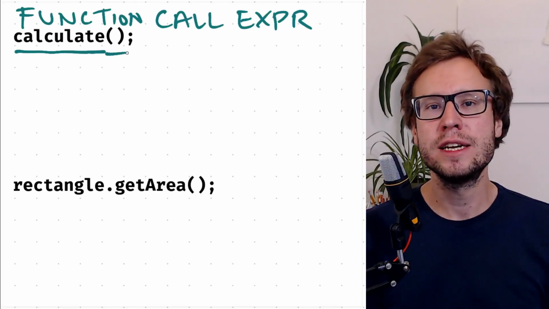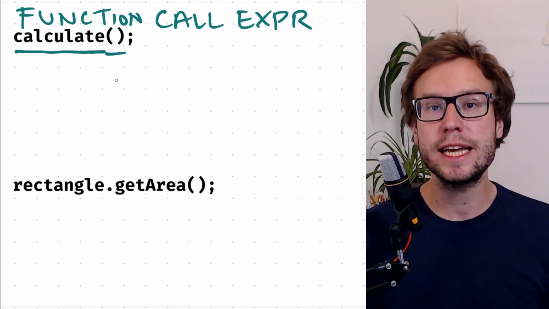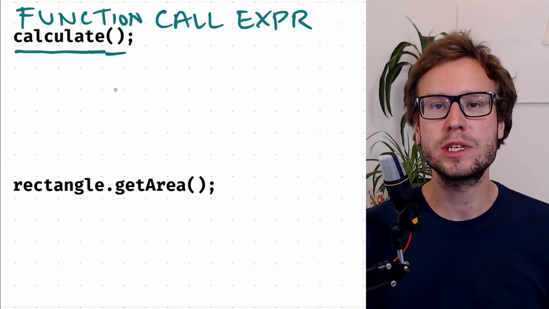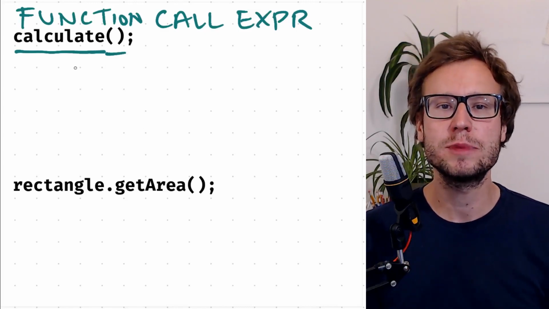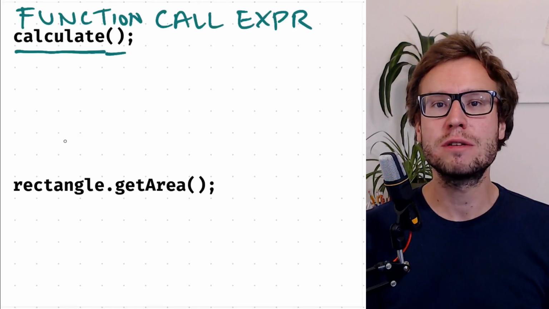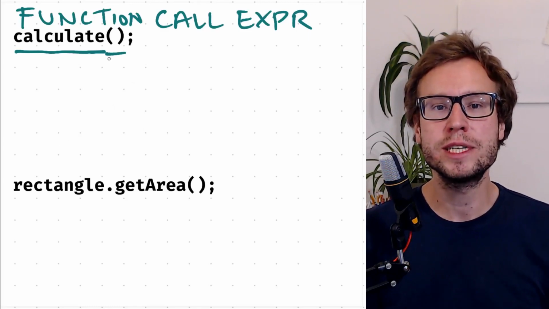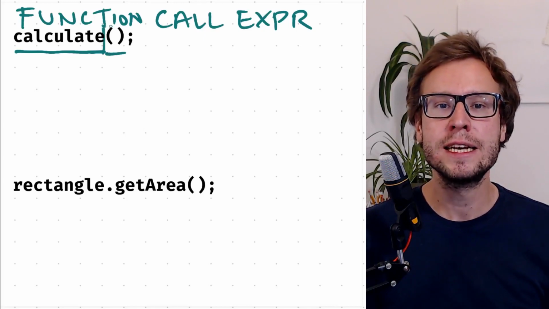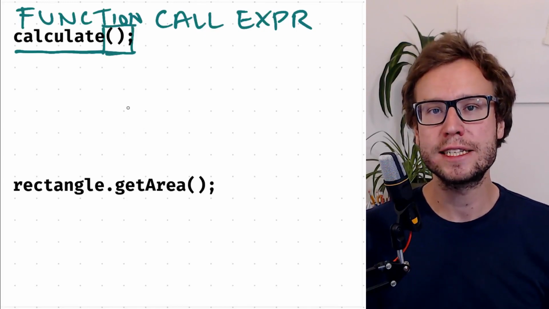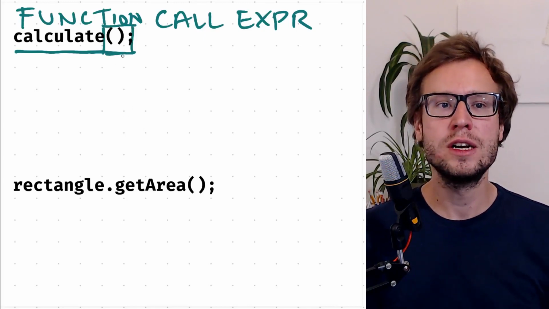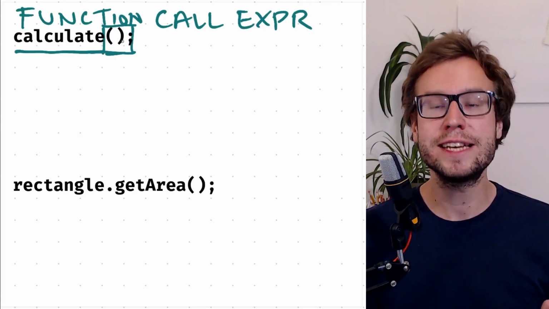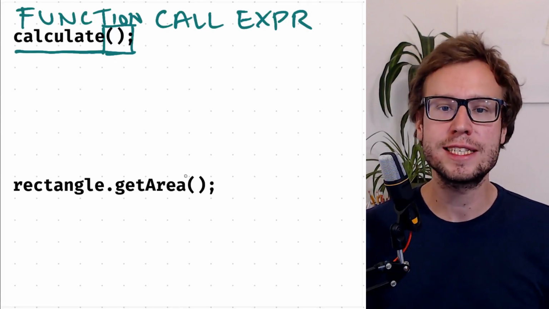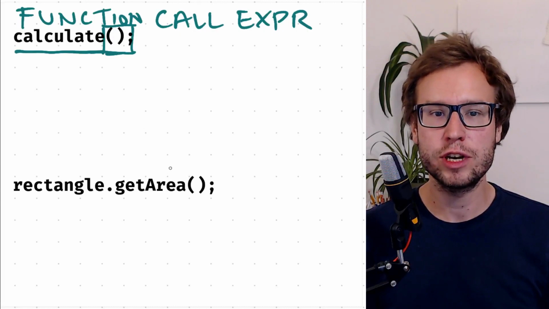And we have the brackets that would contain arguments, if we had any arguments. That's the structure of a function call expression. We identify a function call because it always has the brackets here, no matter what is in there, whether there are arguments or not.